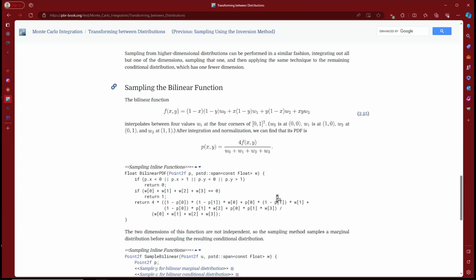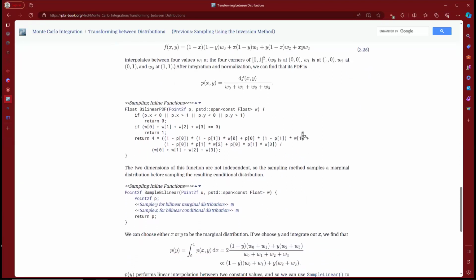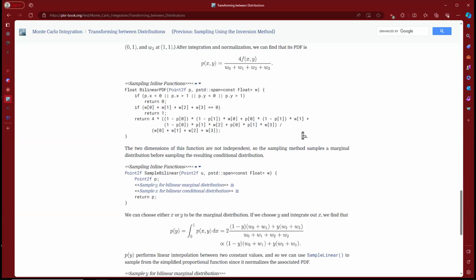Okay, right. The four corners, between the four corners there. That 0 to 1 distribution. So two-dimensional point. Okay, so that's the PDF. So two dimensions of this function are not independent. So the sampling method samples a marginal distribution before sampling the resulting conditional distribution.